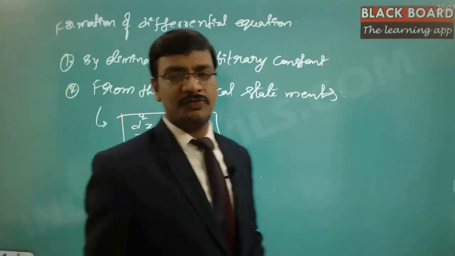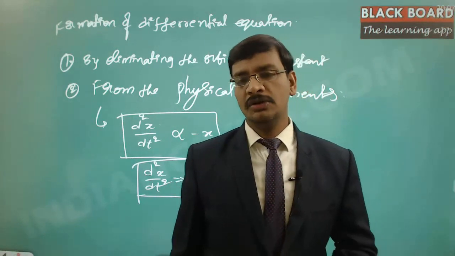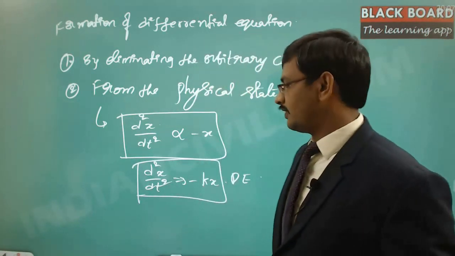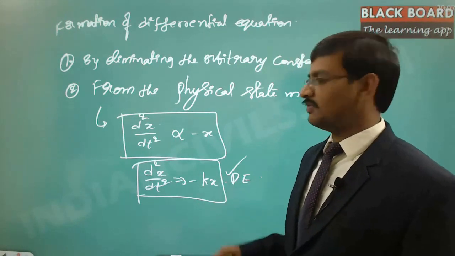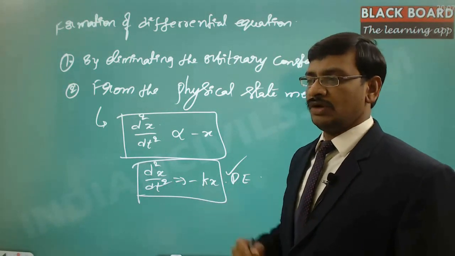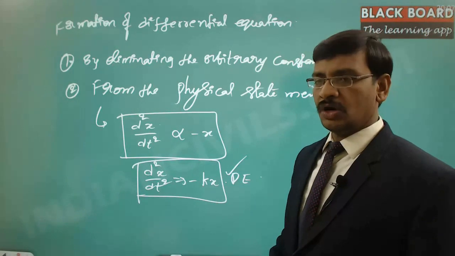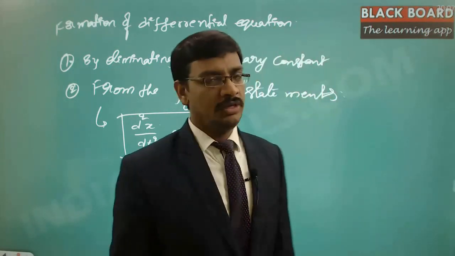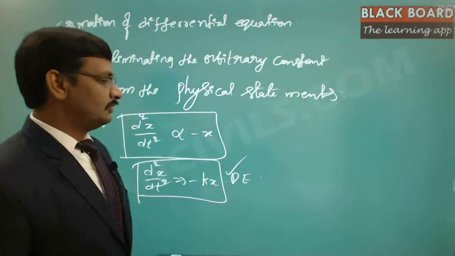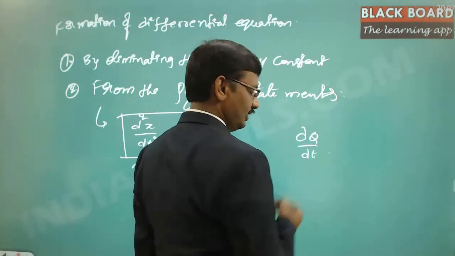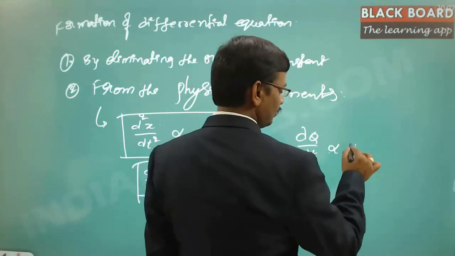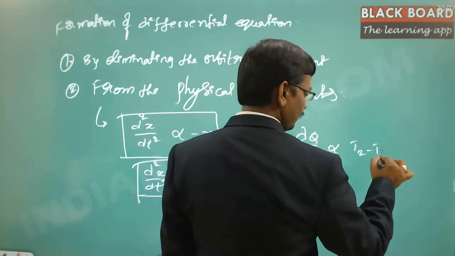We just framed this based on the physical scenario, and from there we were able to frame the differential equation, and the solution of it will give the relation between x and t. This is one way of expressing the differential equation. Also, if you take Newton's law of cooling, what it states is that the rate of heat transfer, which is dq by dt, is always proportional to the temperature difference, T2 minus T1.